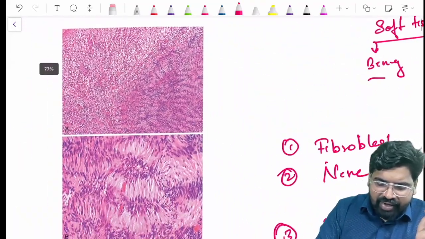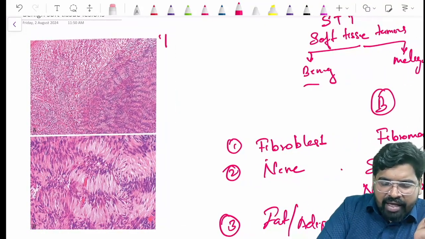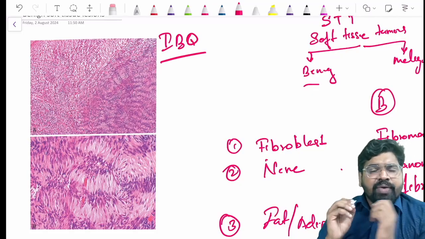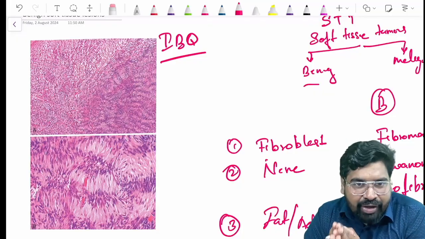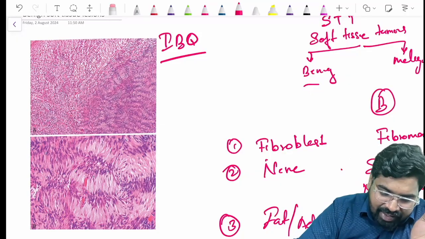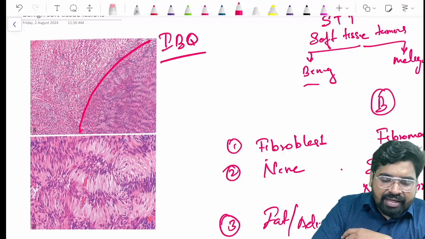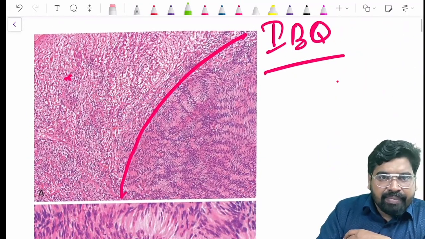Okay, this is what we are seeing here. Can you see this picture? Now, this is an IBQ. This is an image based question because schwannoma's histology is very interesting. That's why it is an IBQ. In schwannoma, you can see that there are two areas. If I draw a line here, I have these areas which have fewer cells. I will just magnify it.